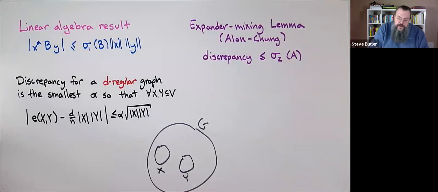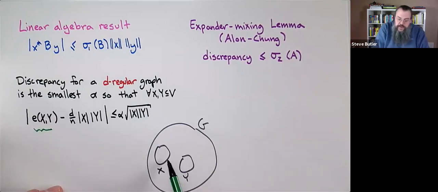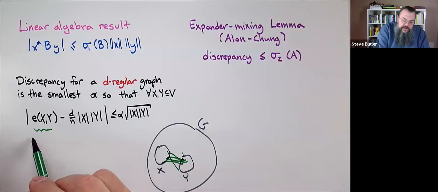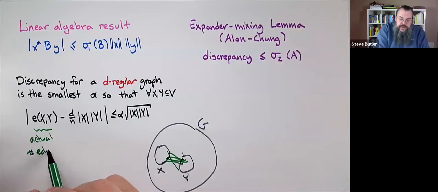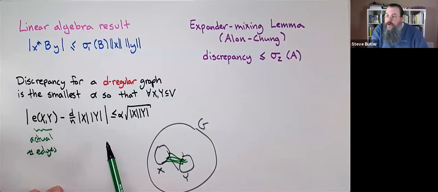What we want is to look at a couple of things. The edges between X and Y is asking what's going on here. How many edges go between? This is the actual number of edges. All right, great. And then we subtract d over n times the size of X times the size of Y.